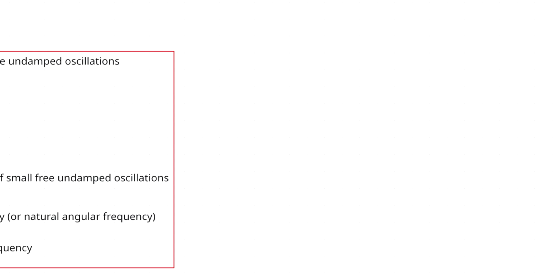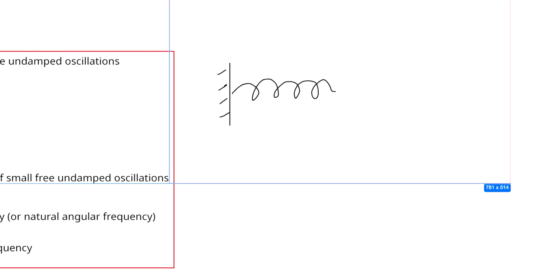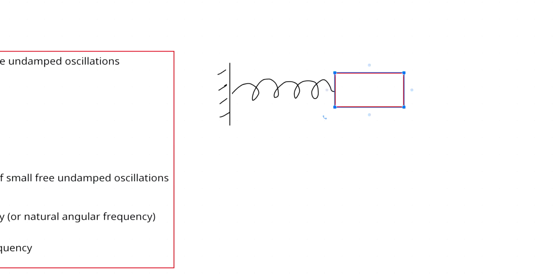I will remember that a simple oscillator is just some fixed wall connected with a spring, and this spring is connected to some body with mass m.